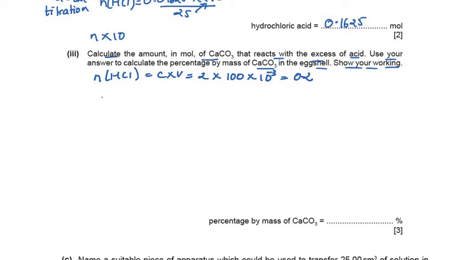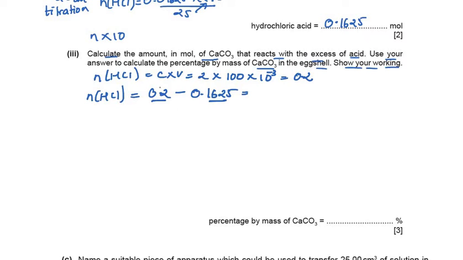Now moles of HCl that reacted with calcium carbonate should be the subtraction of 0.2 minus 0.1625, because the total moles of HCl taken was 0.2 and the leftover moles of HCl after reaction with calcium carbonate is 0.1625.